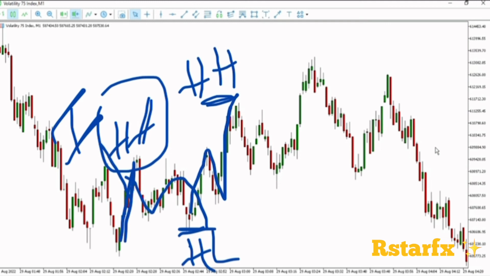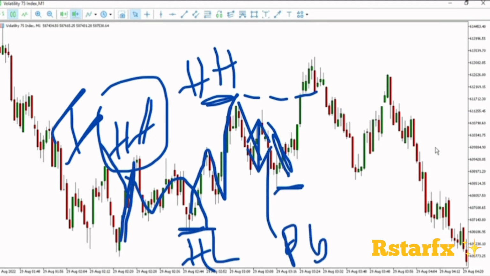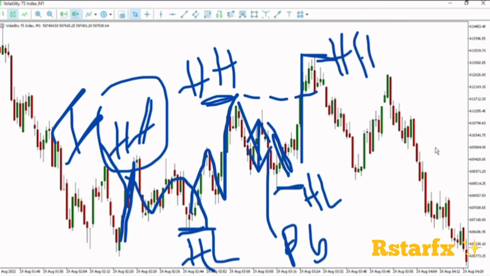Then a new low here. But because this has not broken our higher high, all this down here is also a pullback to form another higher low. Then we break our higher high and form another higher high, till we break the low here.